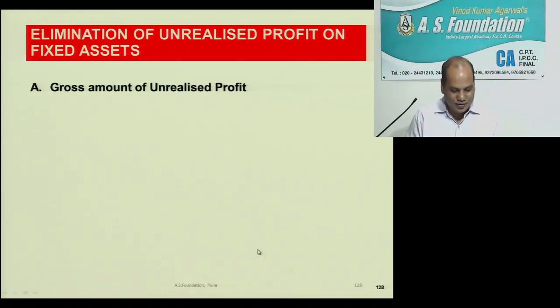Elimination of unrealized profit on fixed asset.